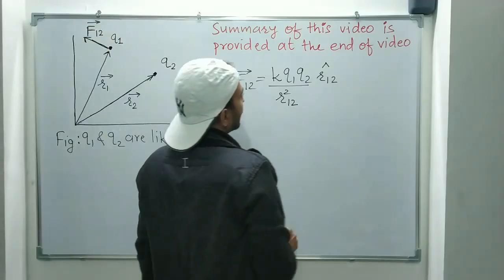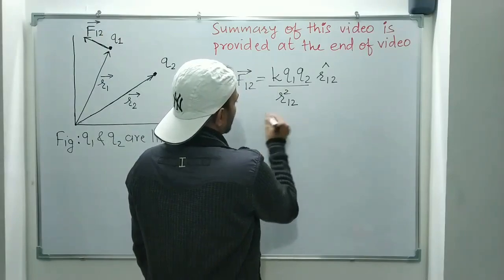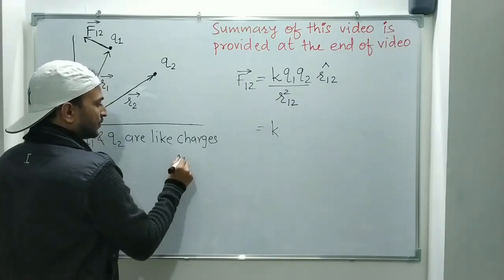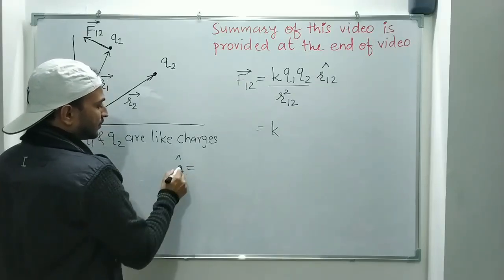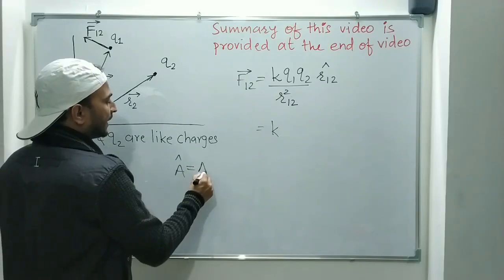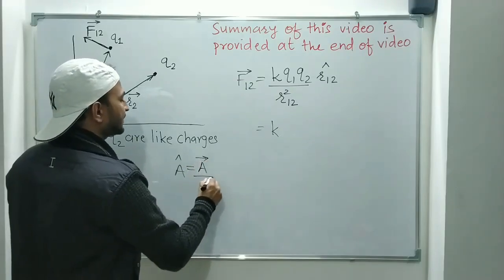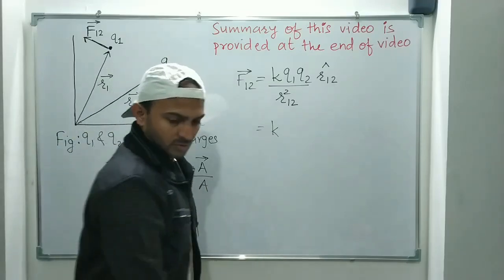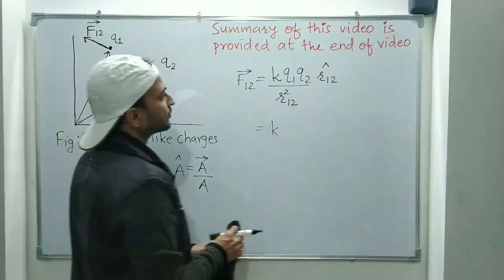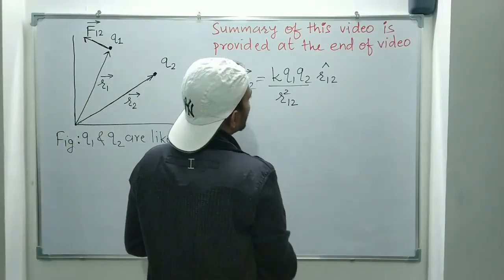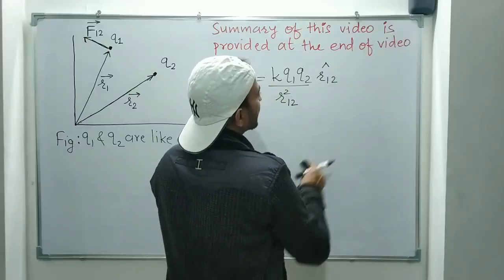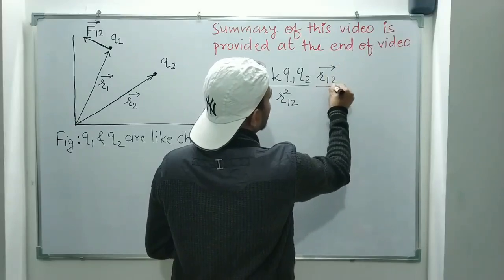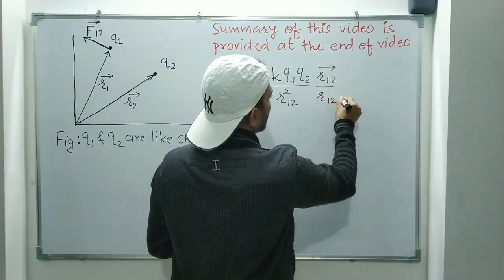So we know that the unit vector of any vector is that vector divided by the magnitude of that vector. So this unit vector can be replaced by its vector divided by its magnitude.